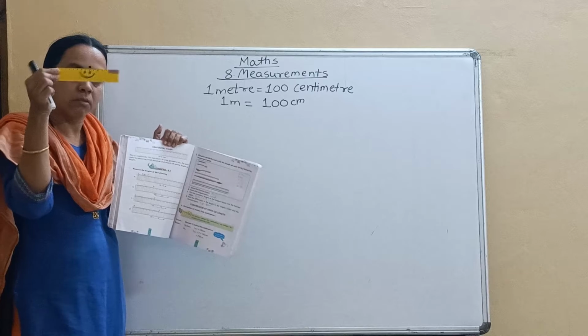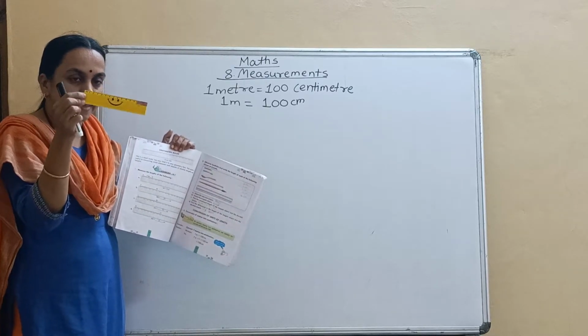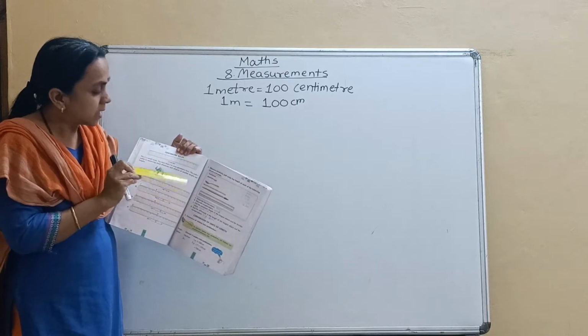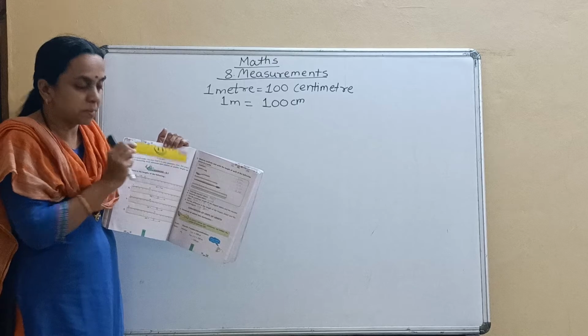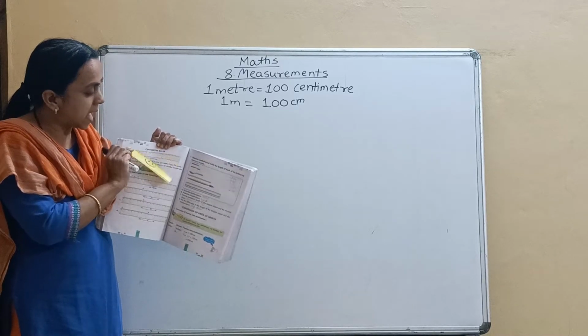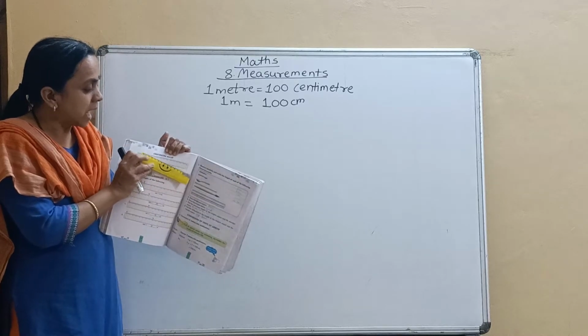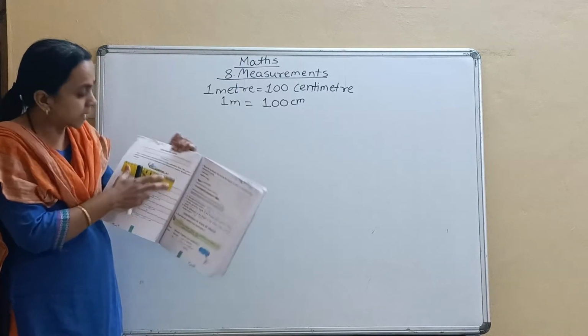So this is our measuring scale. In your compass this size measuring scale is there. On that measuring scale we can count 15 centimeter. We can count up to 15 centimeter by using this small scale.